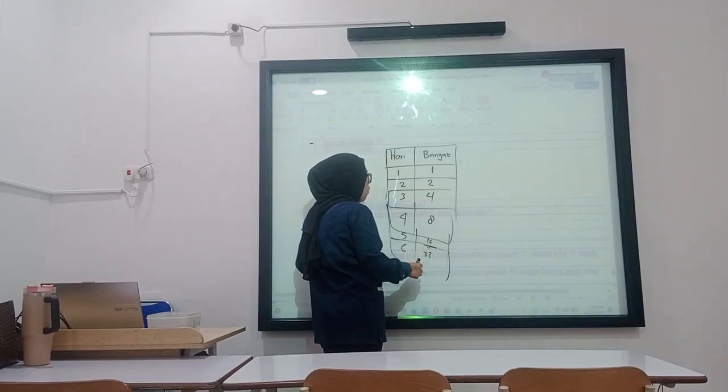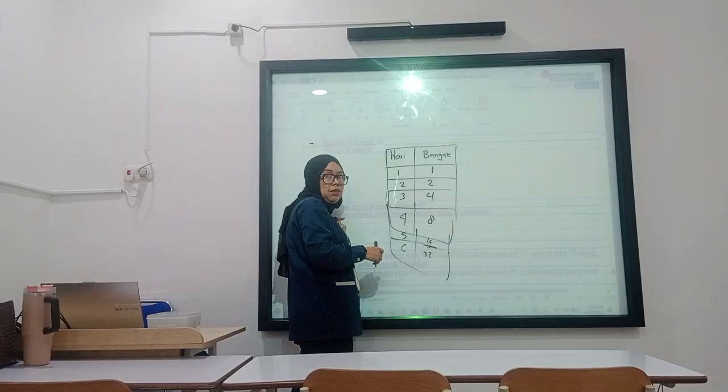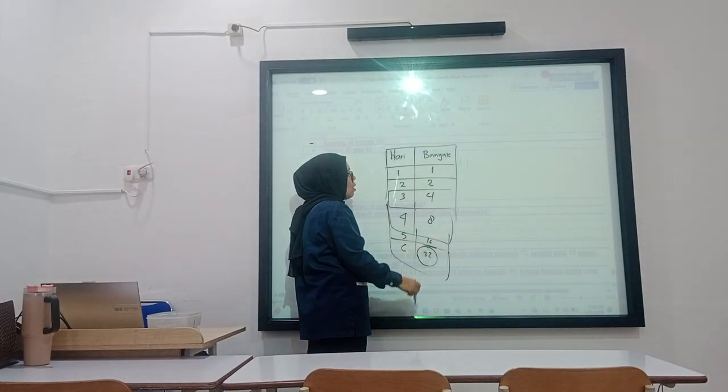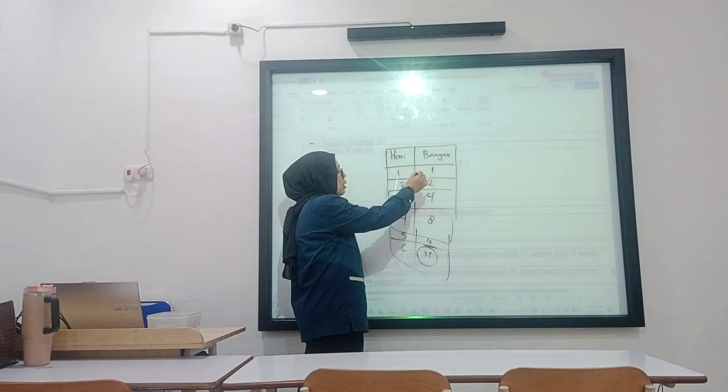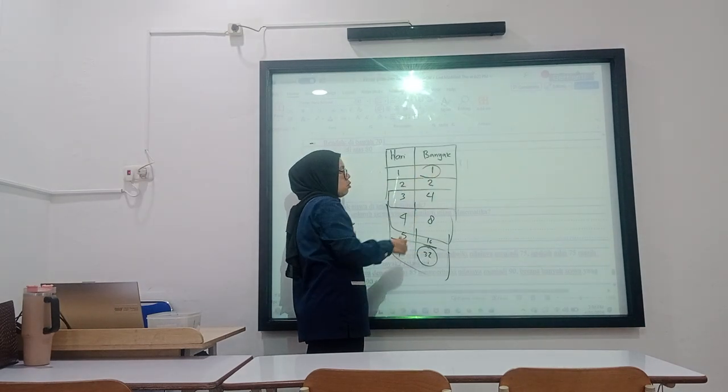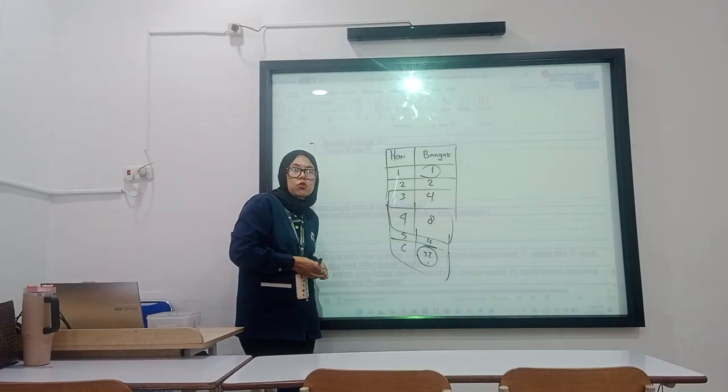Nah, untuk mencari jangkauan, siswa bisa mengurangkan yang paling banyak panen atau berbuah dikurang yang paling sedikit. Jadi 32 kurang 1 berarti 31.